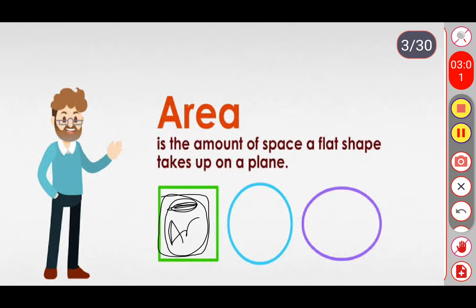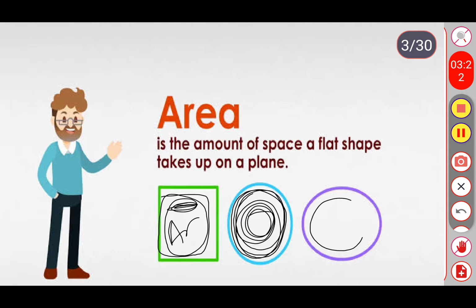The four-sided figure we call a quadrilateral, right? Next one, the area which is enclosed by this curved line, this area is called the area of the circle.